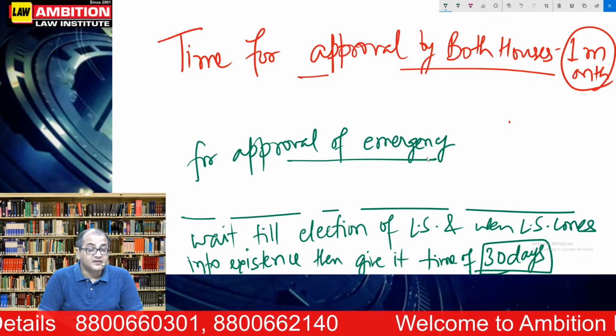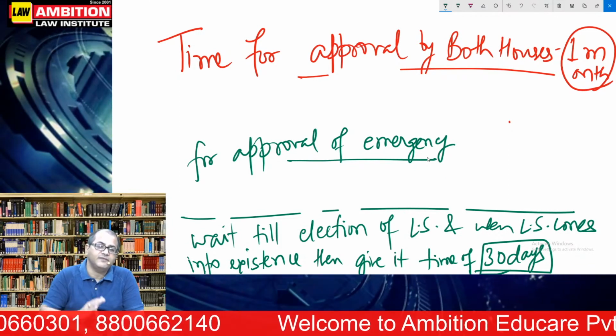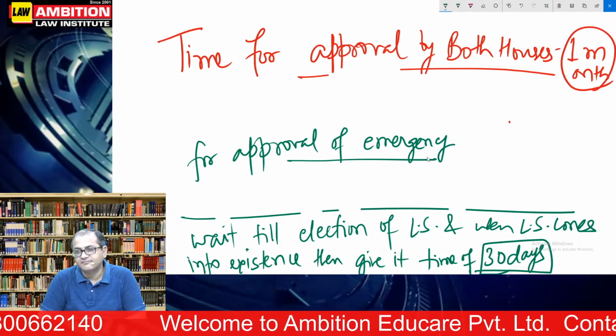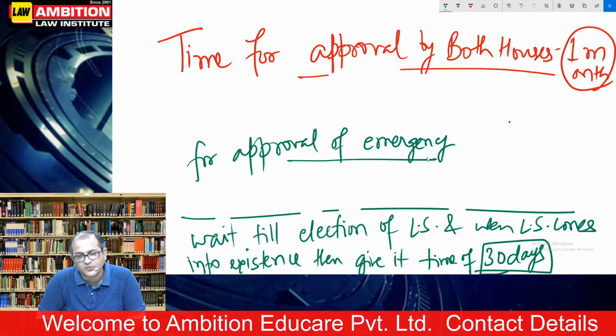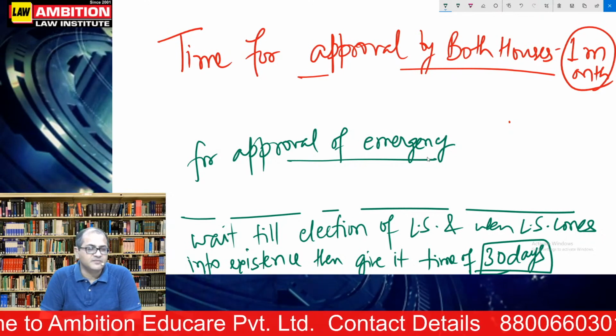Now, this way 6 months, 6 months, 6 months you can go indefinite. But you will have to approve it for 6 months only. One time approval is for 6 months only. It cannot be beyond that.